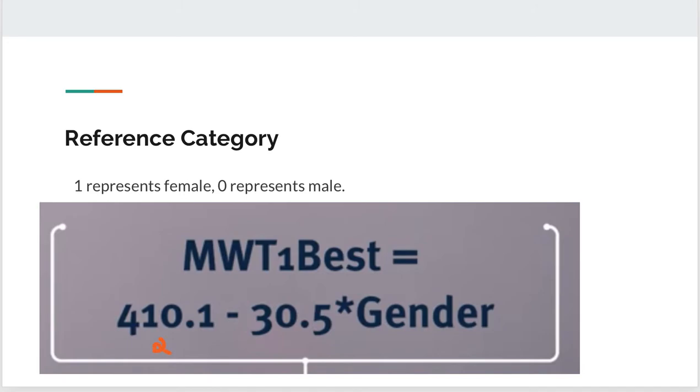Alpha equals 410, then beta is still the same, however, it changes from above 0 to below 0. That means when the gender increases from the male to the female, that is from 0 to 1, the average walking distance is going to be reduced by 30.5.